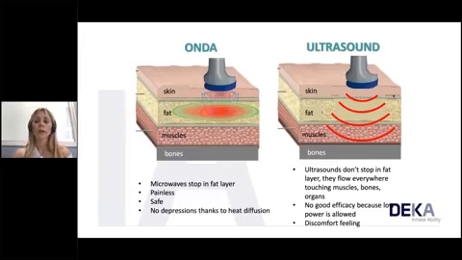Otherwise, the system could be dangerous. On the contrary, thanks to the high permittivity of the fat, Onda is able to heat the fat, melting the fat, but the microwaves are not able to cross the fat because the fat acts like a sort of shield to the passage of the microwaves.